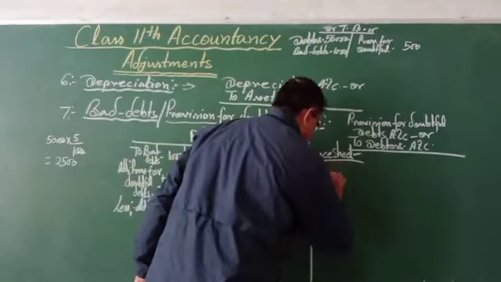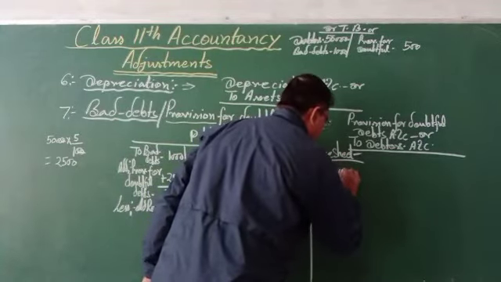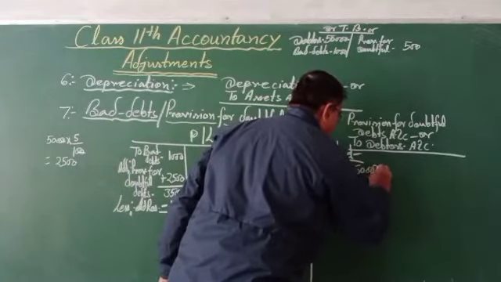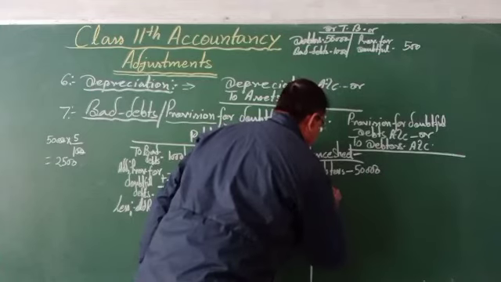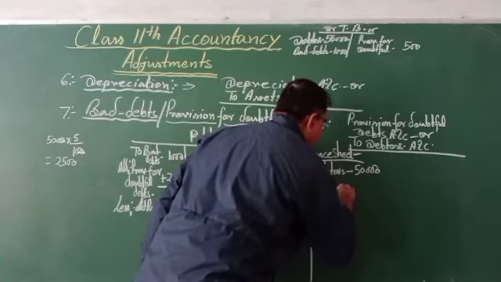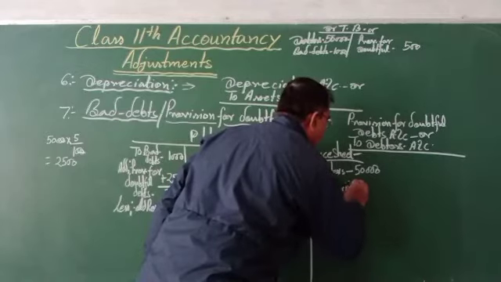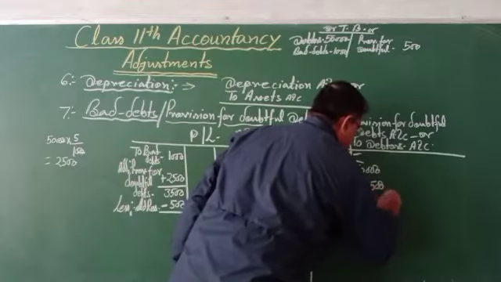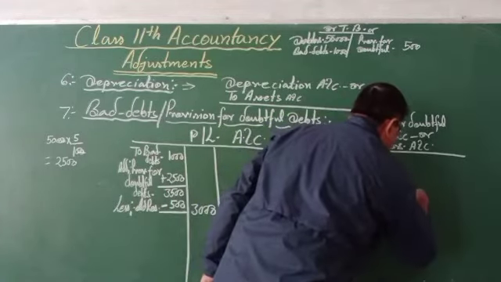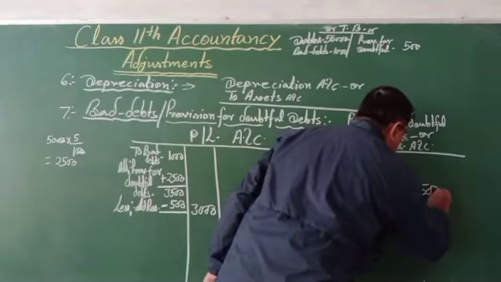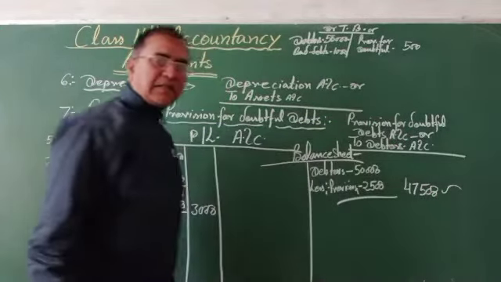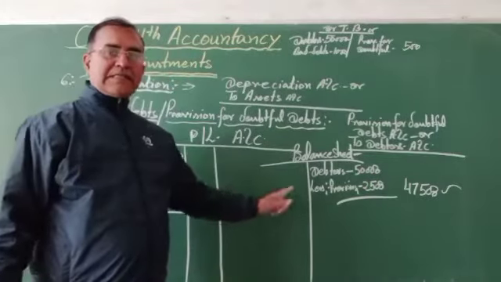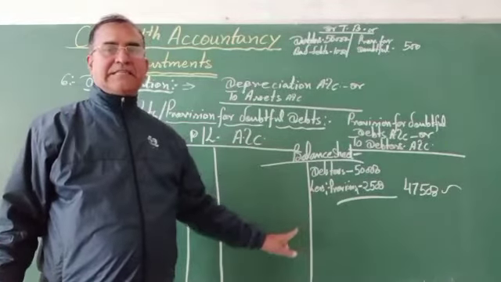Debtors given in the trial balance 50,000, less new provision 2,500, equal to 47,500. 47,500 will be the value of debtors shown in the balance sheet.